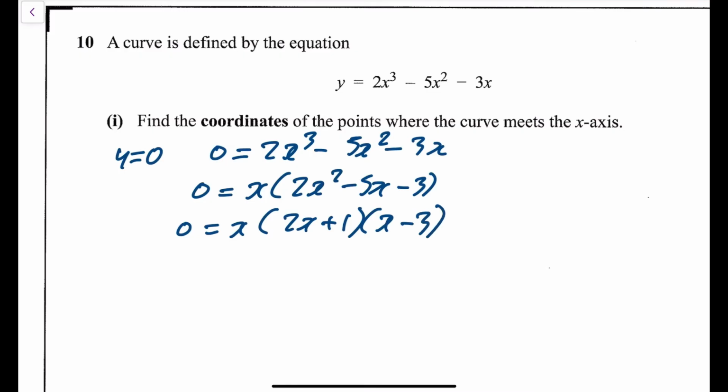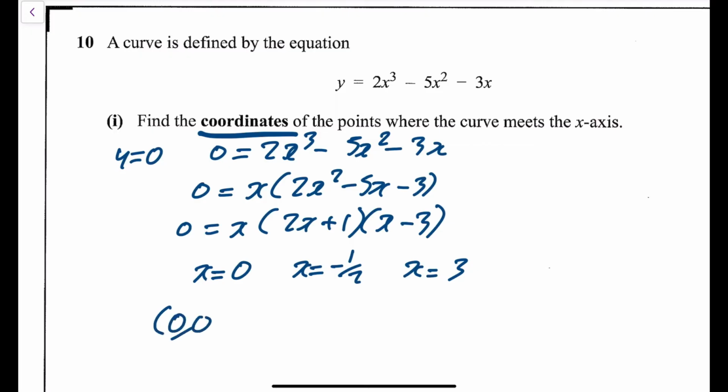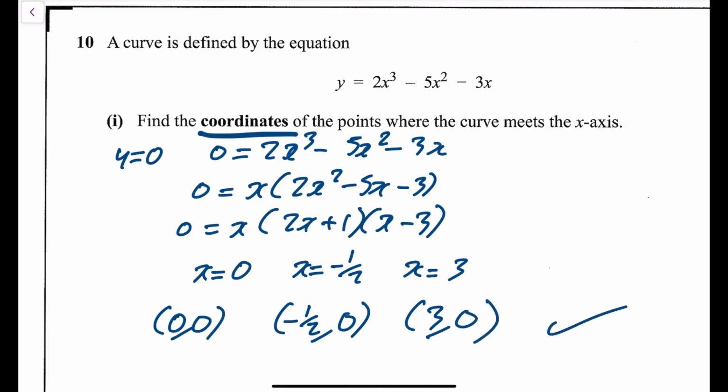That's by doing the old sum and product. I've omitted the working out for that, but that's what it is. And then that means x equals 0, or x equals minus a half, or x equals 3. Right, it says find the coordinates. So a very easy mark people threw away by not writing down the answer. So the coordinates where it crosses, there you go.